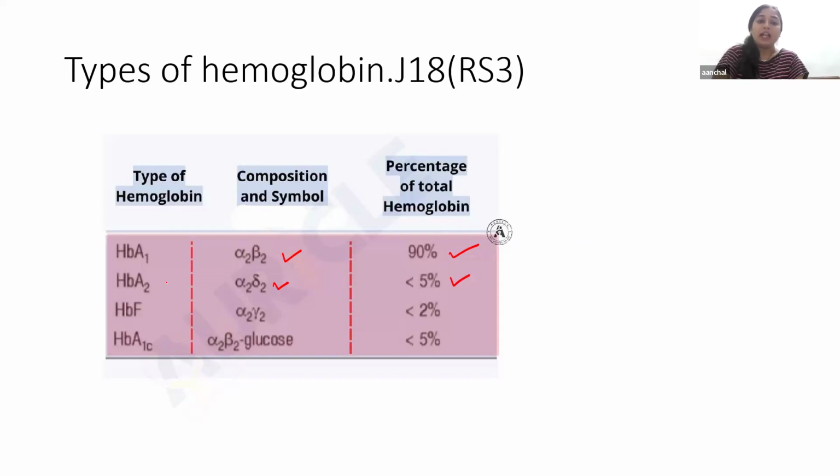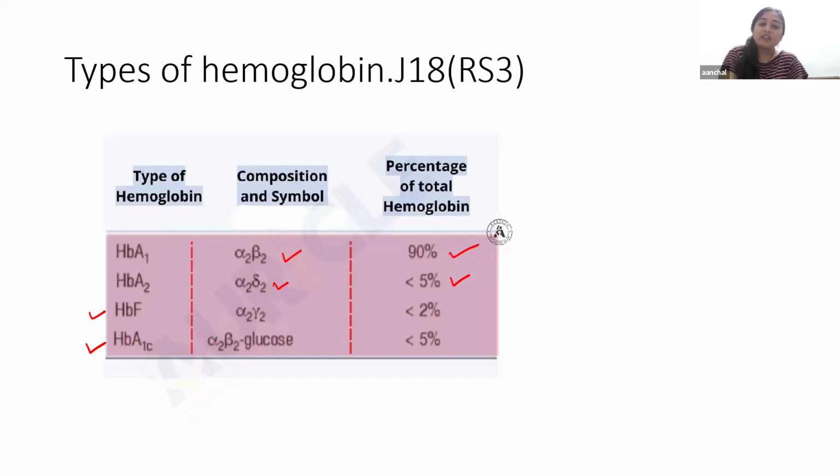Okay. Then another we have fetal hemoglobin and HbA1c. So first we're going to talk about fetal hemoglobin. In fetal hemoglobin, we have alpha 2 and gamma 2, that is less than 2%. Then we have HbA1c.